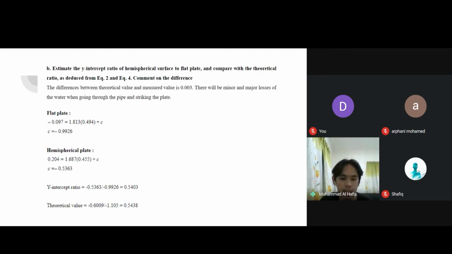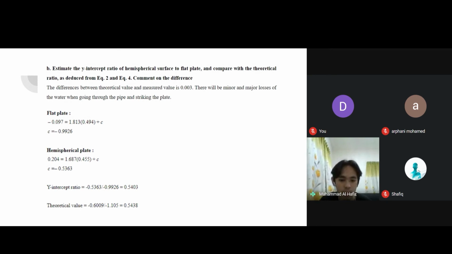We got the value for c for the flat plate as negative 0.9926, and for the hemispherical plate we got the value for c as negative 0.5363. So for the intercept ratio we just divide hemispherical plate over flat plate. We got 0.5403.